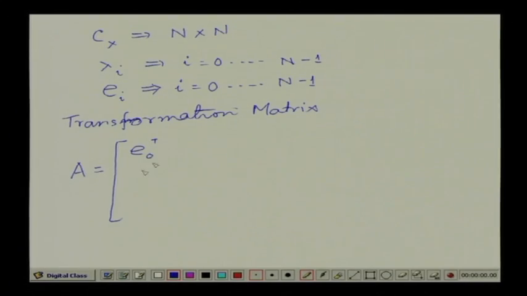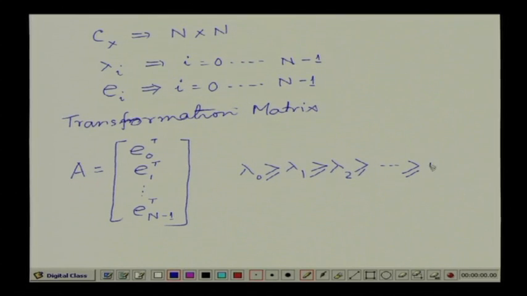So, this A will be E 0 transpose, E 1 transpose, and there are n number of eigenvectors, so I will have E n minus 1 transpose, where this E 0 corresponds to the eigenvalue lambda 0, and obviously, as we have already said, our assumption is lambda 0 is greater than or equal to lambda 1, which is greater than or equal to lambda 2, and continuing like this, it is greater than or equal to lambda n minus 1.